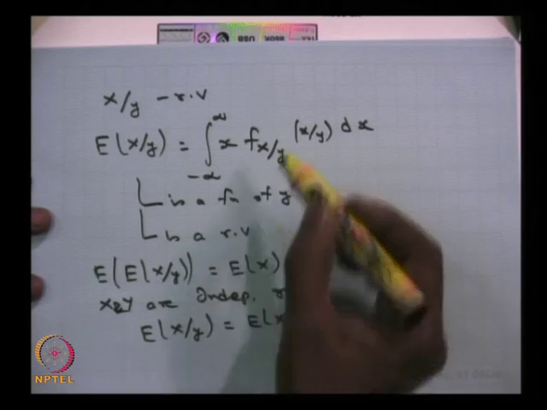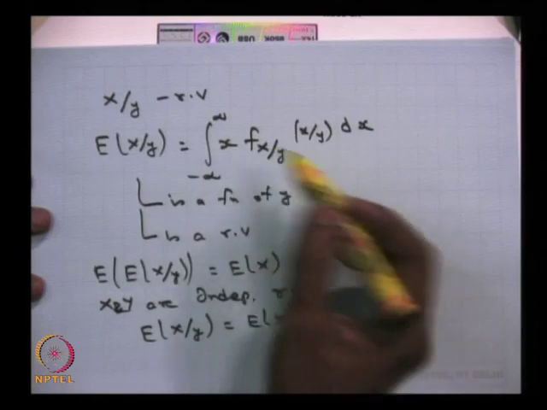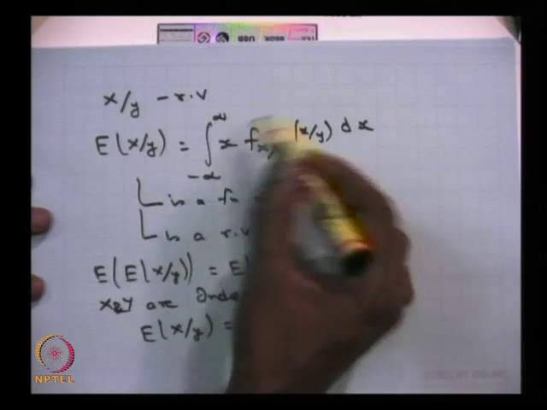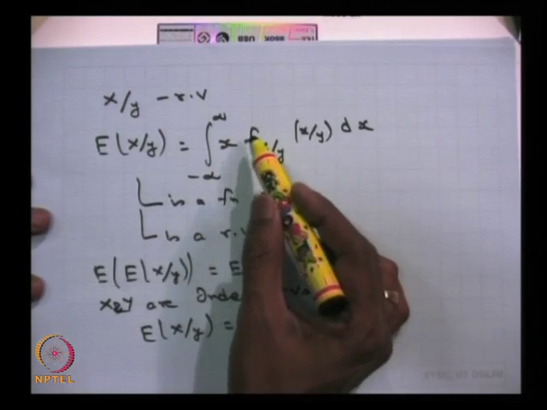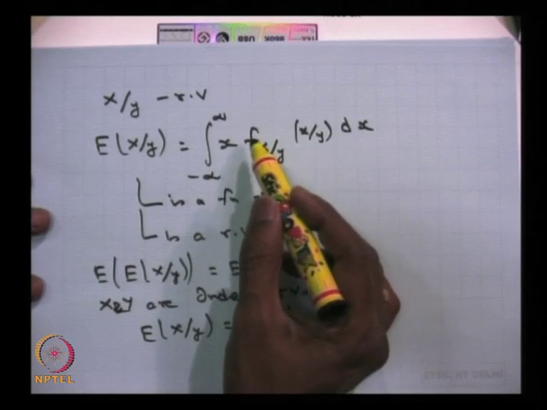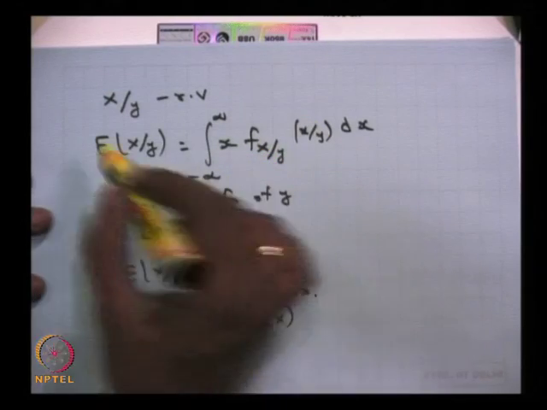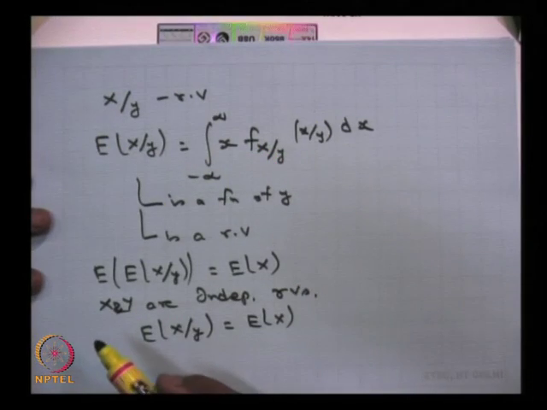Here I have given the expectation of x given y in integration form. If both random variables are discrete, then you have to use first the joint probability mass function, then the conditional probability mass function, to get the conditional expectation.